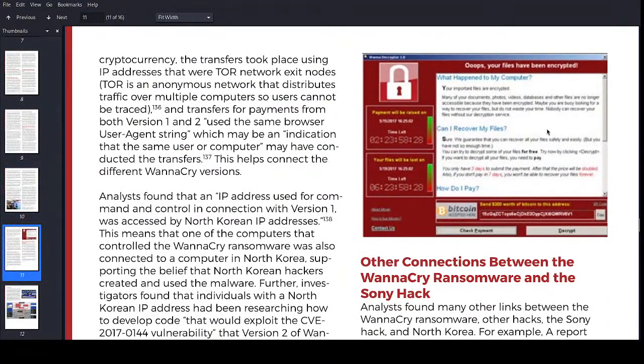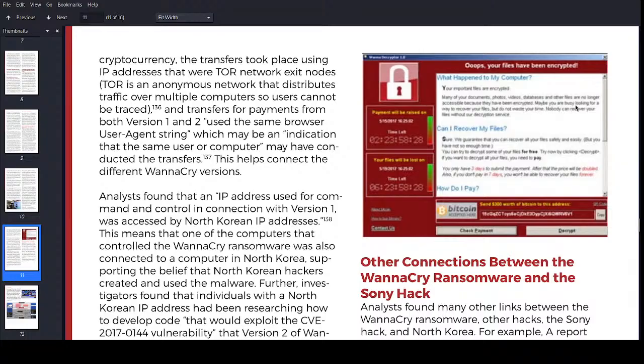As you can see here, this is what the infected computer with ransomware looks like. Oops, your files have been encrypted. What happened to my computer? Your important files are encrypted. Many of your documents, photos, videos, databases and other files are no longer accessible because they have been encrypted.